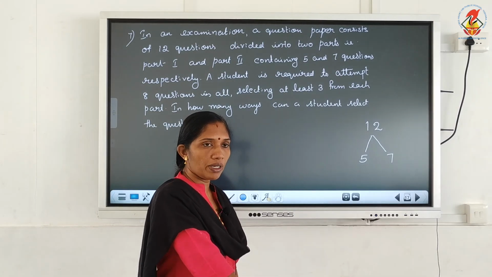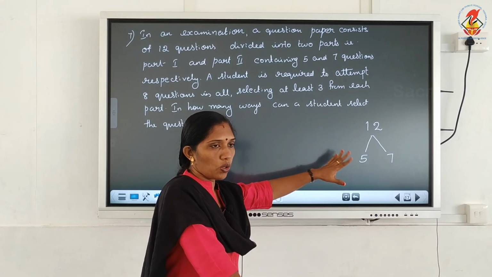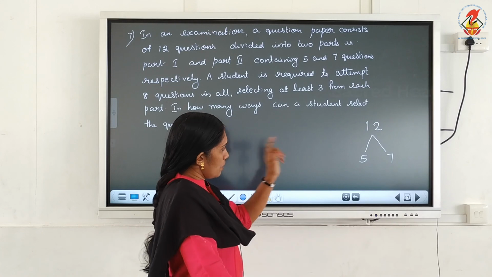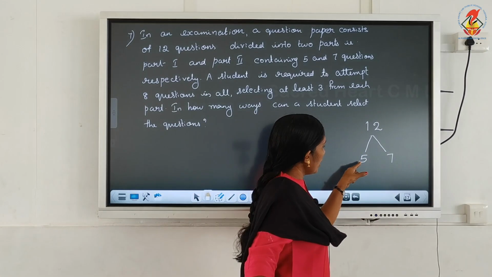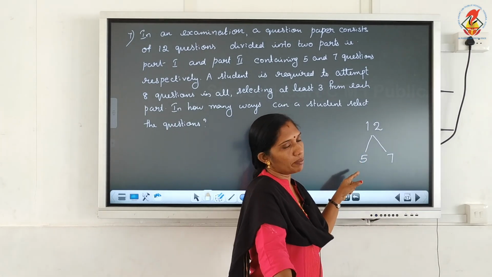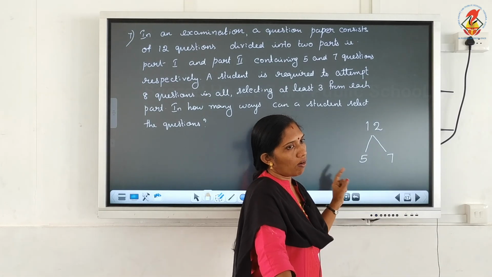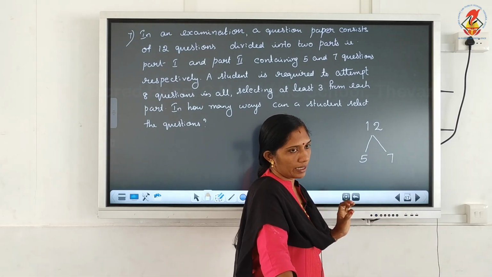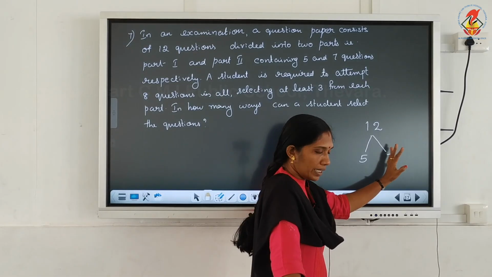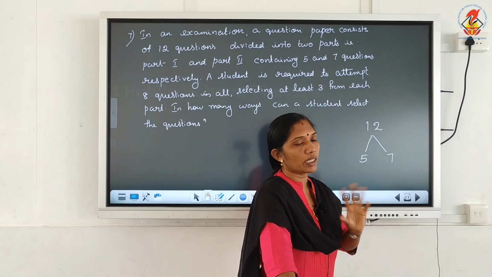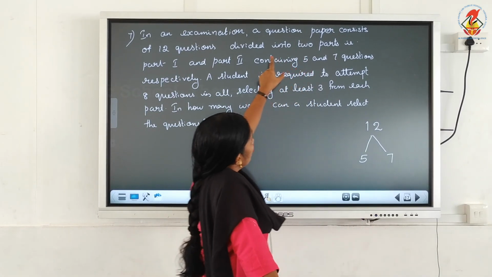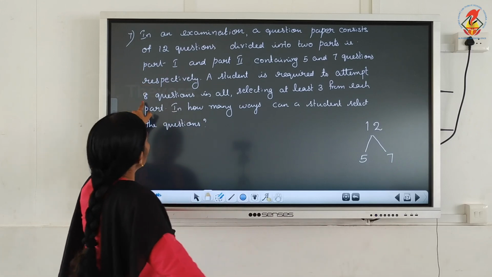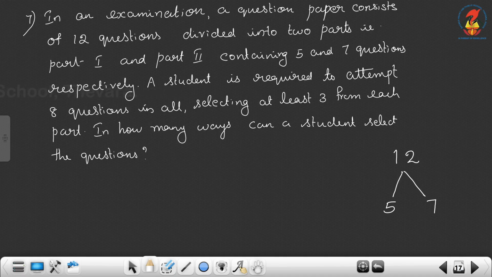At least 3 from each part means 3 or more. So at least 3 from part 1 means 3 or 4 or 5 like that. At the same time you have to take part 2 also, so that the student attempts 8 questions in total.